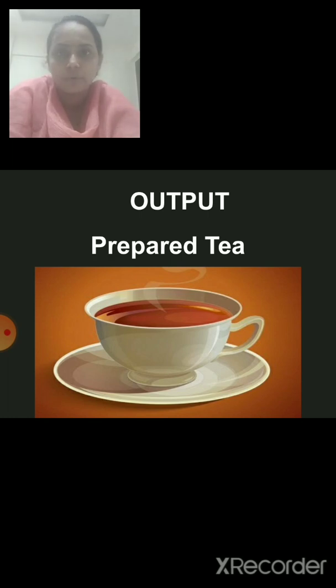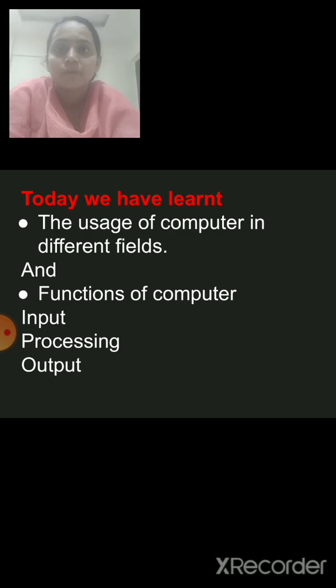This is how a computer functions. We give the input to the computer, then it gets processed, and then we get the final output on the monitor. So today we have learned the uses of computers in different fields and the functions of a computer, that is input, processing, and output.